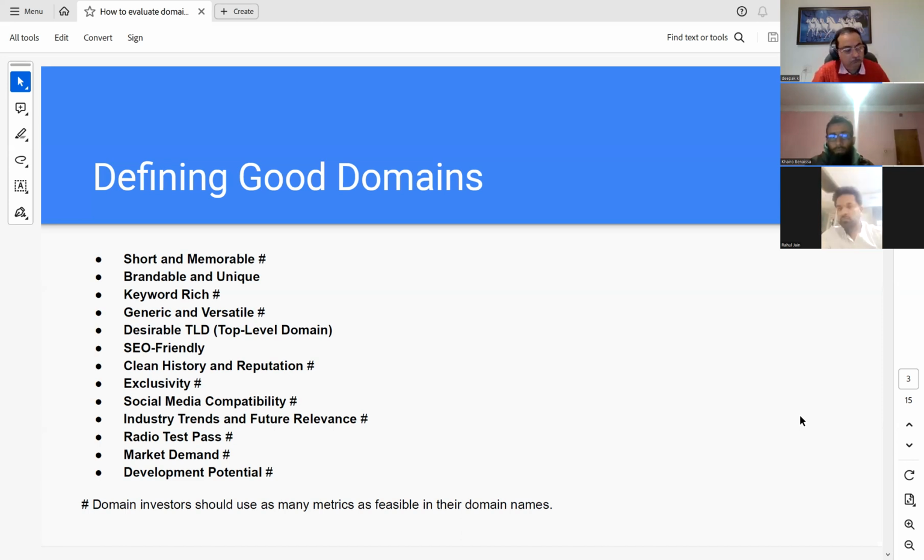Okay. And a domain should be generic and versatile. I mean, the use of that particular domain should be multiple. Like if I talk about a domain name, suppose tabletopdecor.com, I can use that particular domain only for tabletop decoration items. If I have besthomedecor.com, then I can use that particular domain for multiple verticals in that home decor niche.